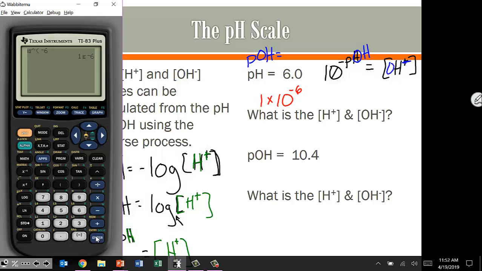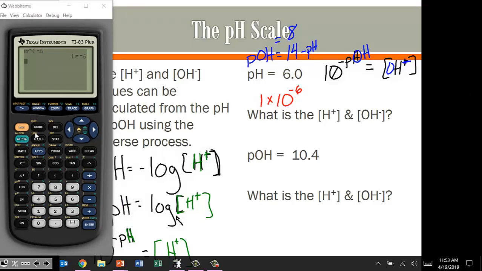So personally, I would say take the pH and do 14 minus the pH to find the pOH. 14 minus 6 is 8. So the concentration of hydroxide ion is simply to take the anti-log of -8.